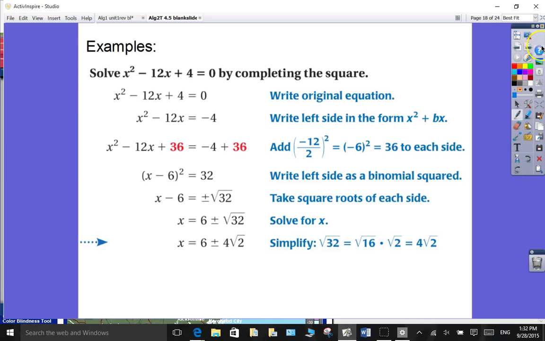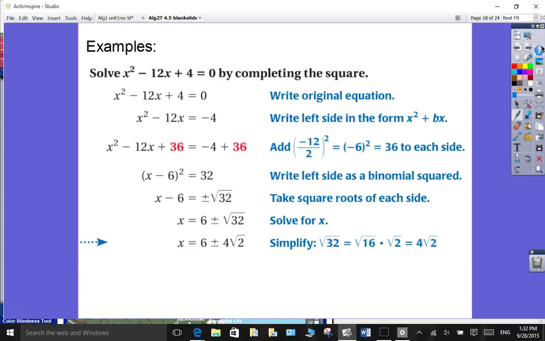Okay, now we can use this method to solve by taking square roots, right? We can complete the square to make a perfect square trinomial, then take the square root of both sides. This is an example that they've worked out in the book. So generally, you have a square term and you have a linear term and you have a constant term. Put the constant term on the other side. So they subtracted 4 from both sides.